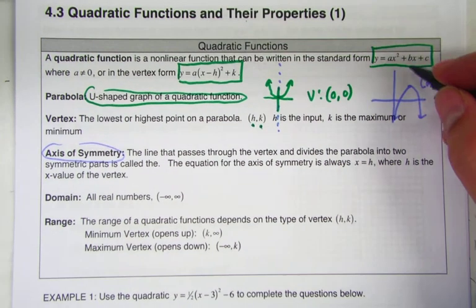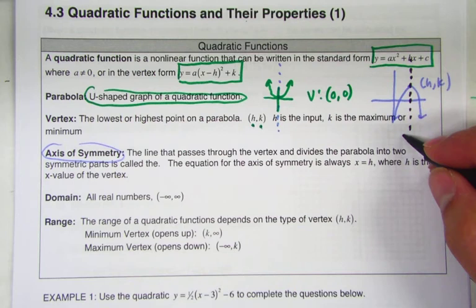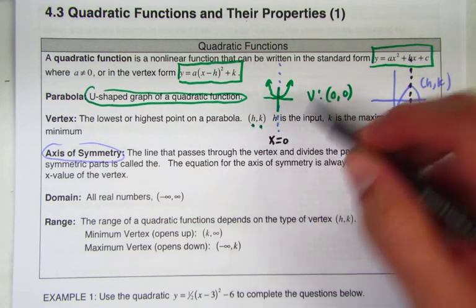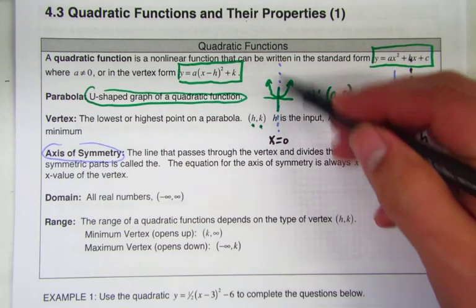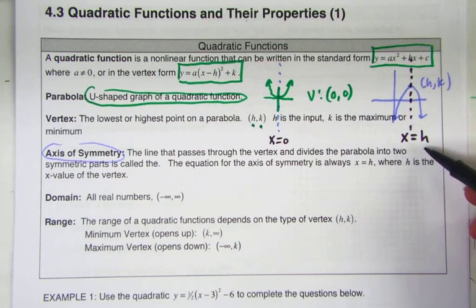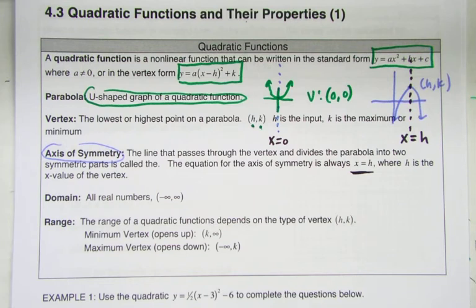I still have the axis of symmetry splitting the parabola in half, but now the equation is going to be x equals h, whatever the x-coordinate is for the vertex. Over here, it's x equals 0, because it's just the y-axis there. Here, if we shift, then we follow the shift, and now the axis of symmetry is x equals h, which is recapped right here.